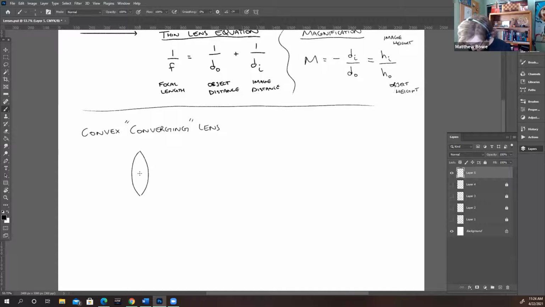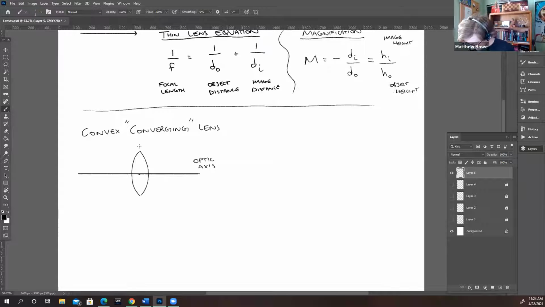And here's the very center of the lens. This line that I'm drawing is called the optic axis. That is the very center of the lens, and that's where we're going to be making all of our measurements around. Okay, so there's the optic axis.